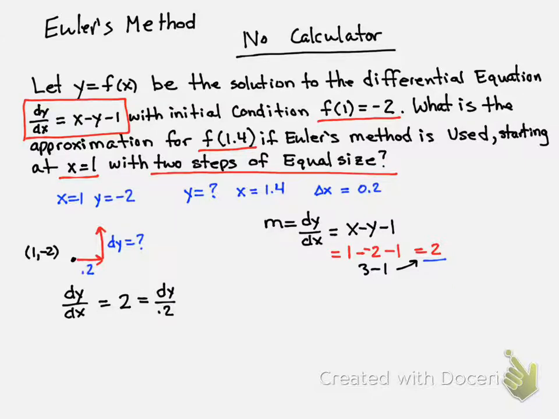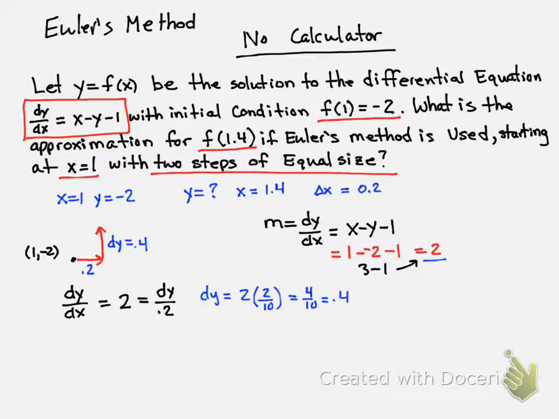So now if I multiply both sides by 0.2, I have dy equaling 2 times 0.2. I'm going to write 0.2 as 2/10, because I struggle with decimals, I'm better with fractions. 2 over 1 times 2 over 10 is 4/10, or 0.4 if you'd like to use decimals. So now I can erase this question mark. I know this is 0.4.